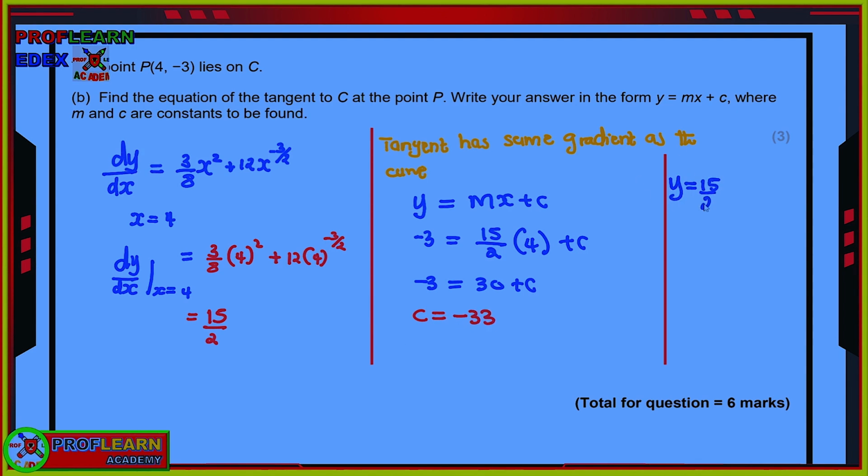Putting it back into the equation, our equation finally becomes y = 7.5x - 33, in the form y = mx + c. So make sure you've understood how to work out this kind of question before you sit for your exams.